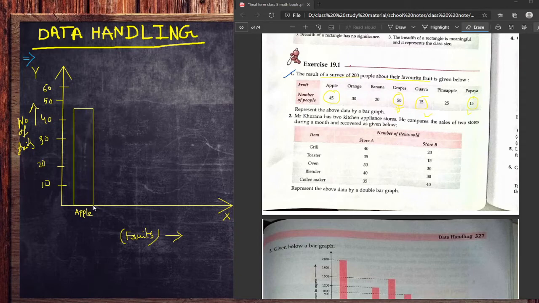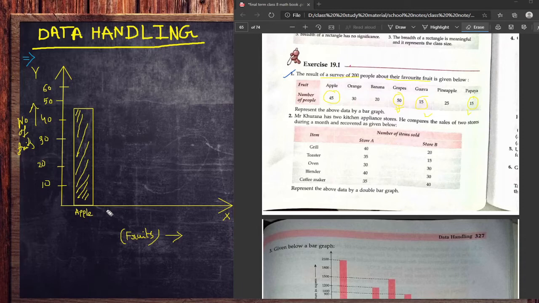I'm using bars over here, but in your case, you have to draw it with pencil and shade it like this. That will look very nice. But if you don't have time in your exam, then leave it. But you have to make one bar at least. Shading is optional, I'm repeating, shading is optional, but the bar is compulsory.